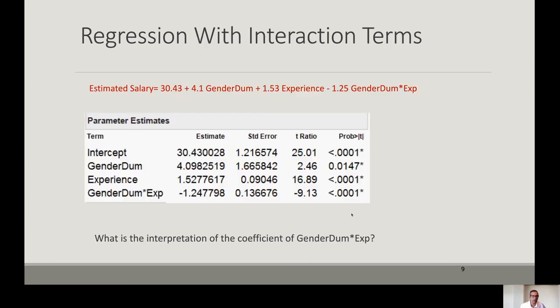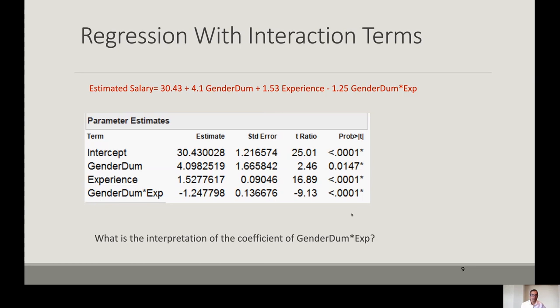Now let's do the same thing for the female employees. In this case, the gender dummy is equal to 1, and let's therefore plug in this value into the regression equation that you see here on the slide. So now the second term will no longer become equal to 0 because gender dummy is now 1, so the second term becomes just 4.1, right?